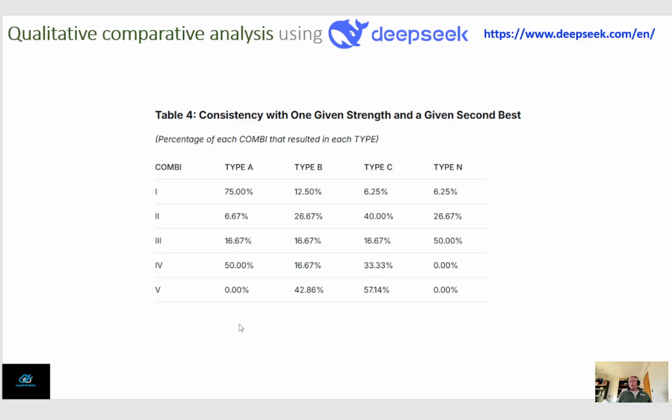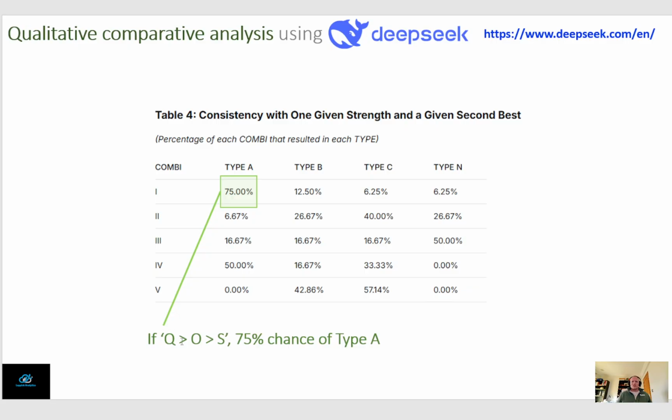Table 4 is already a little bit different. Here we look at the extent to which the different combinations result in given services sold. So the 75% here, for instance: combination 1 was the group of sales reps that has questioning as strength and summarizing as area of improvement, meaning opening is somewhere in between. The sales reps that have that profile, there were 16 of those, you can go back in the video and you will see that that's the case.